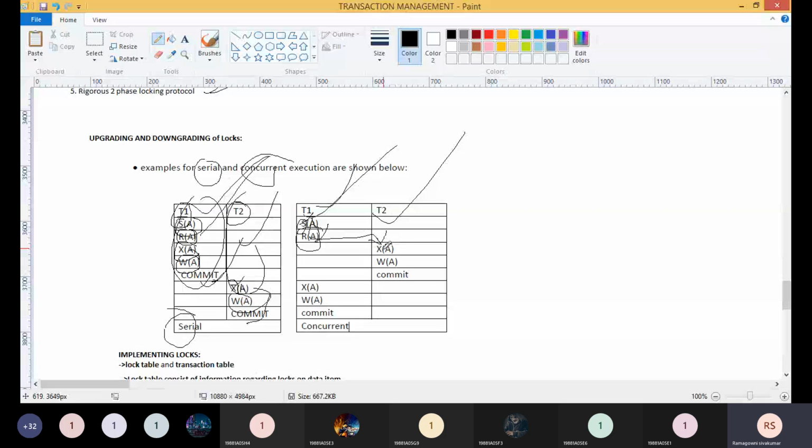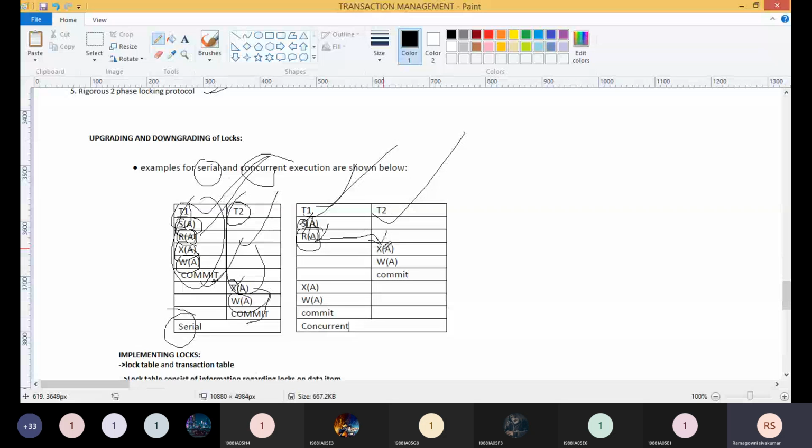Every database maintains a lock manager which maintains these two tables. The lock table consists of information regarding the locks on the item. First, the number of transactions holding the lock. Second, the nature of the lock, meaning shared lock or exclusive lock. Third, a pointer to the lock requests waiting in a queue on the given object. These are the rules for implementing locks.